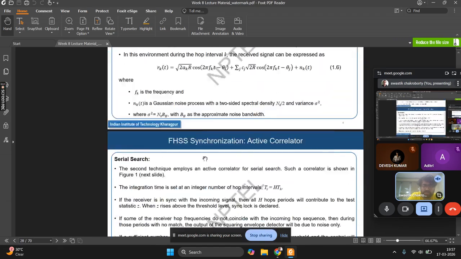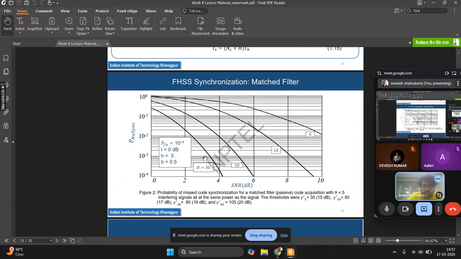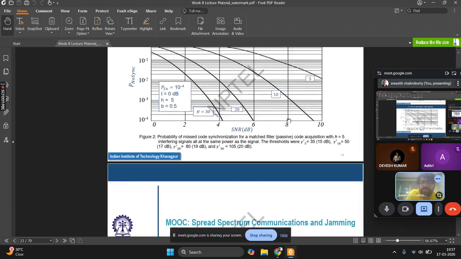If we compare these two graphs, say at an SNR of 8 dB and you have 5 hops, at 8 dB it is around 7 into 10 to the power minus 2, that is 0.07. So this probability is 0.07.